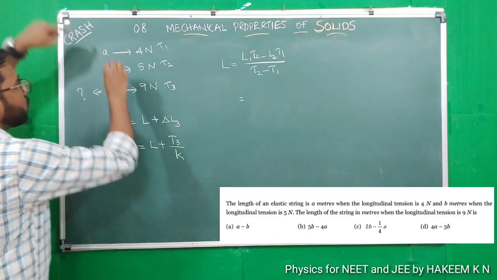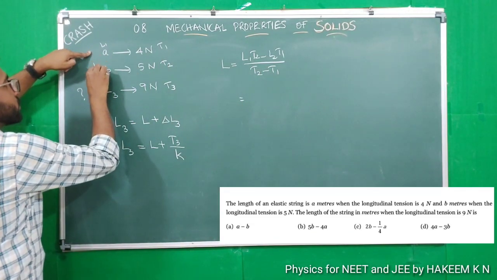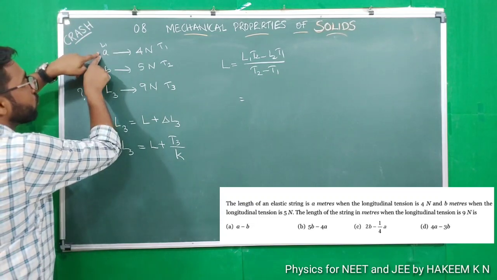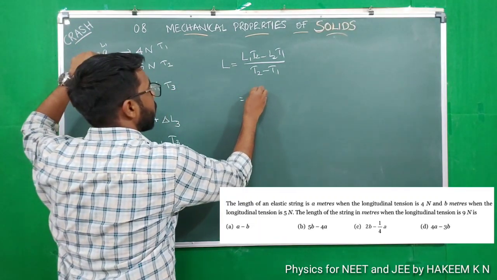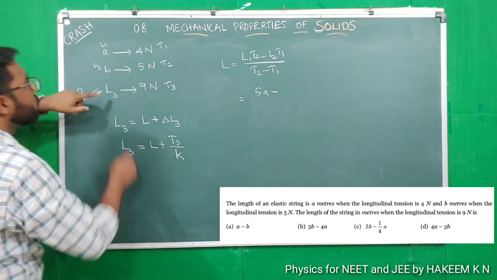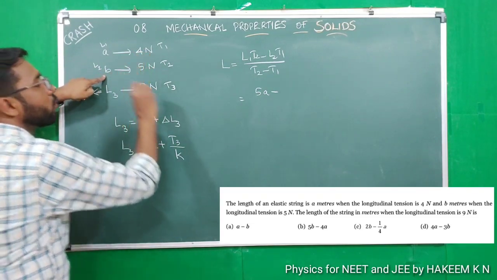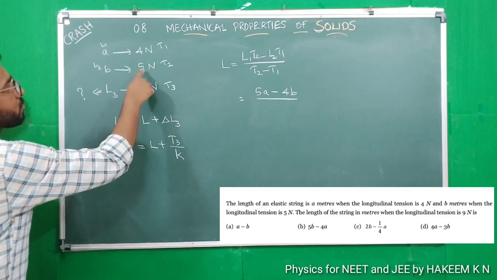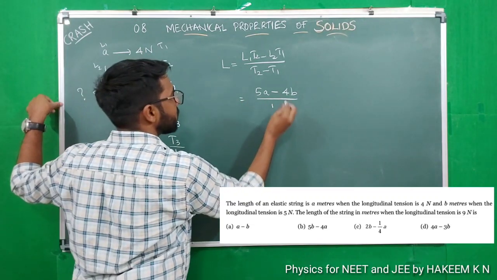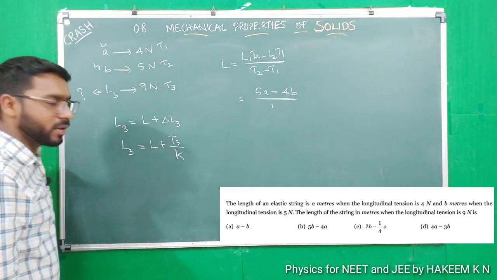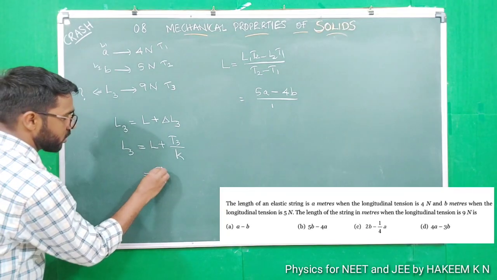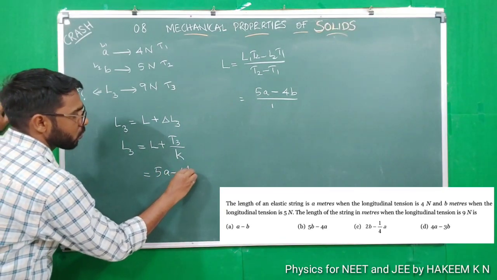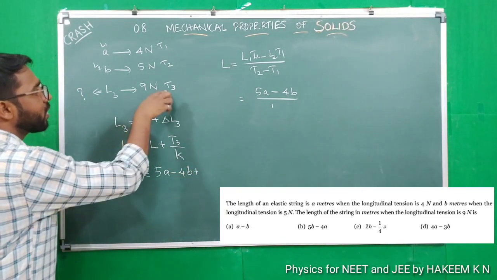What is L1 T2? L1 is A, L2 is B. L1 T2 is 5A minus what is L2 T1? 4B, divided by what is T2 minus T1? 5 minus 4, it is 1. So we got actual length 5A minus 4B, that we can give here, 5A minus 4B plus what is T3?